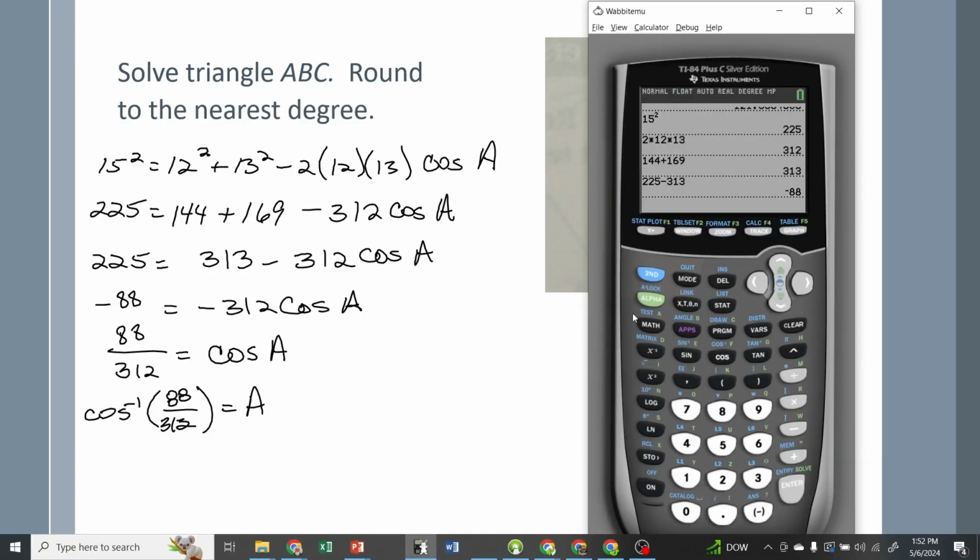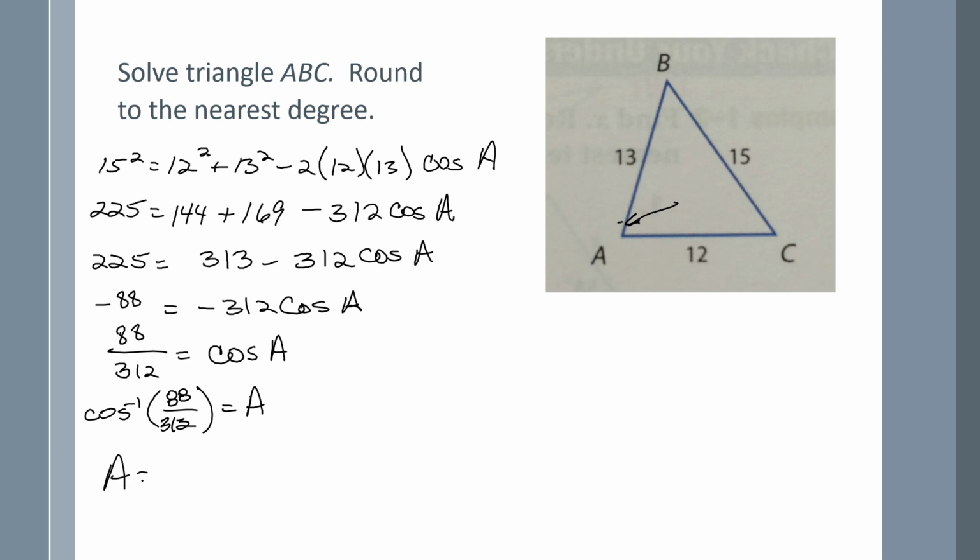So we're going to say second cosine 88 divided by 312 and hit enter, and I get 73.6. So A equals 73.6.